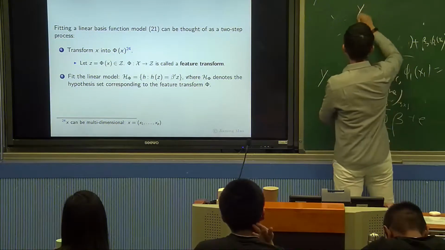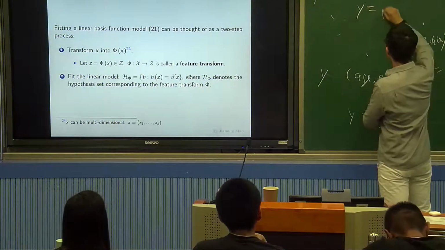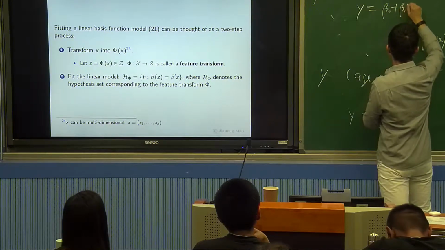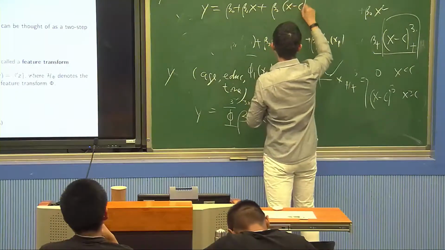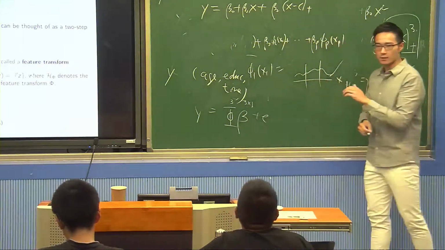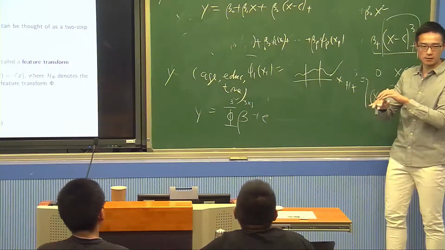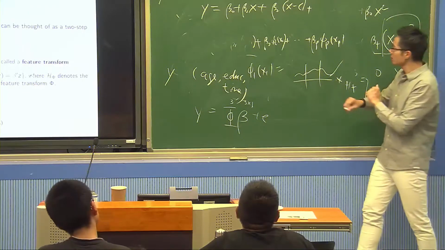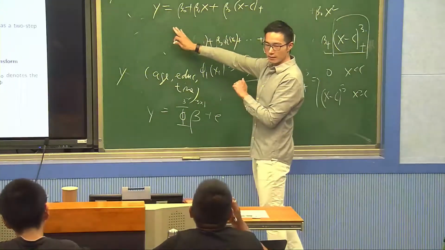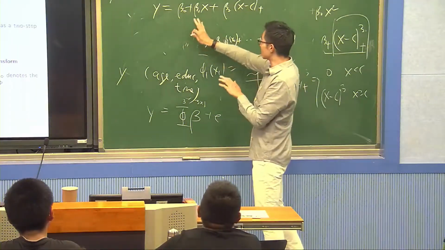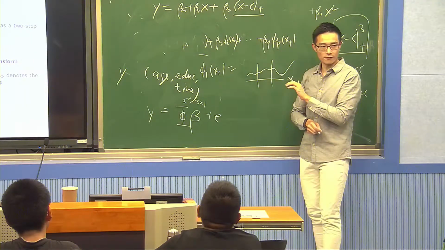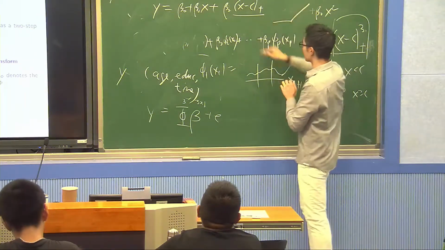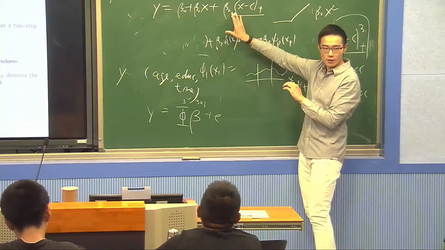So if I have y equal to beta 0 plus beta 1 x plus beta 2 (x minus c)+, this is a piecewise linear model, and this is nonlinear in x. It's linear in beta, but it's nonlinear in x. The term looks like this, x minus c, so it's a nonlinear function.